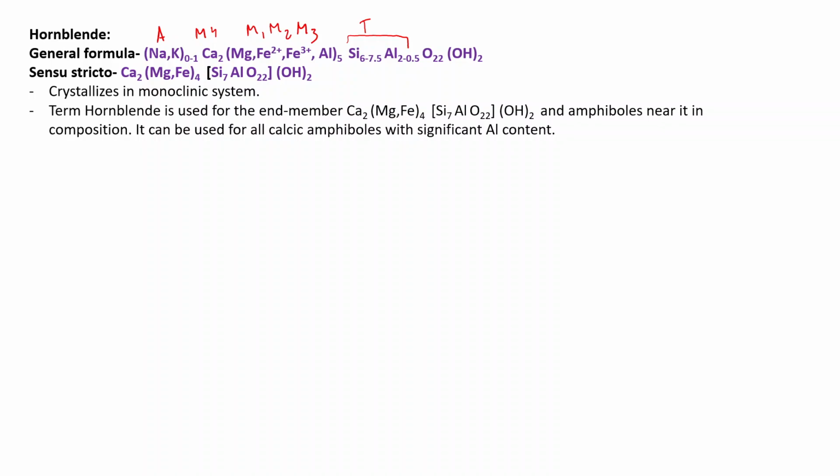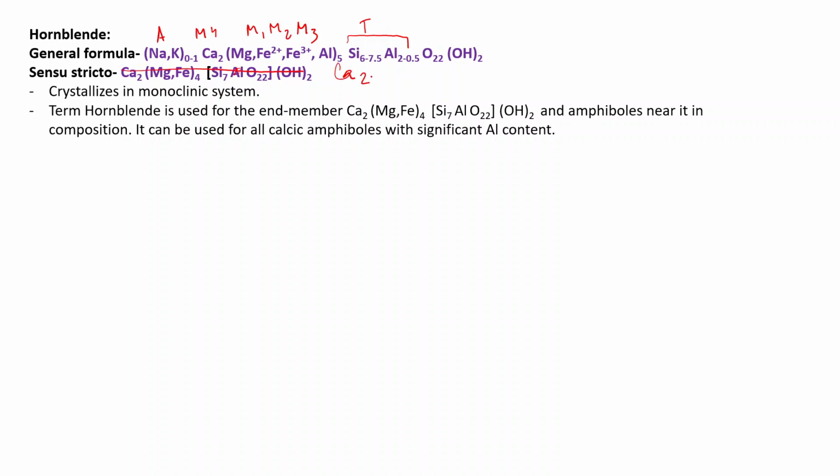So here the hornblende general formula is this, but if we talk about the sensu stricto hornblende, it is Ca2MgFe4 Si7Al O22. Sorry, I just made a small mistake over here. This Al will be here. Just let me correct this formula.